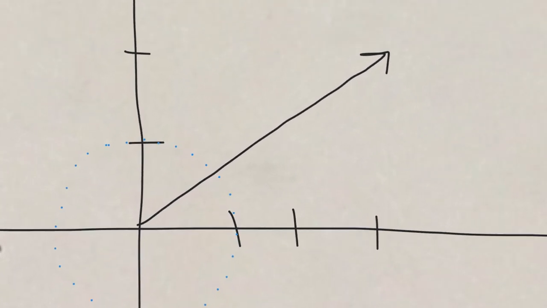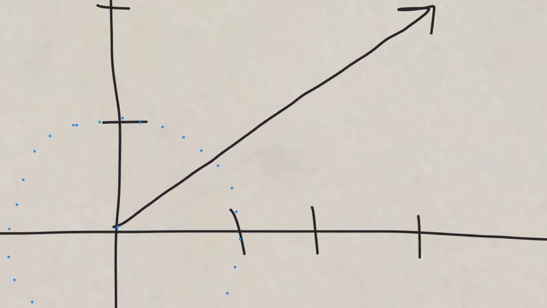So the unit vector is going to be this vector in the same direction, right, but only having 1 unit. This is going to be the unit vector for v, in the same direction as your original vector v, but only 1 unit long.